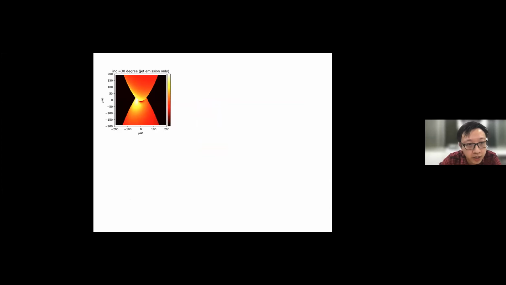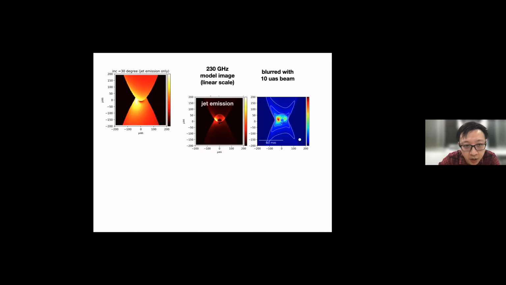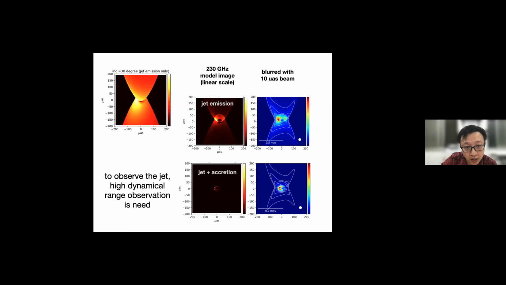However, the story so far is an optically thin case. If we consider further, the jet can be optically thick. Here is an example for jet emission only. And if we further consider accretion, you can see we really need a high dynamic range to observe the jets.